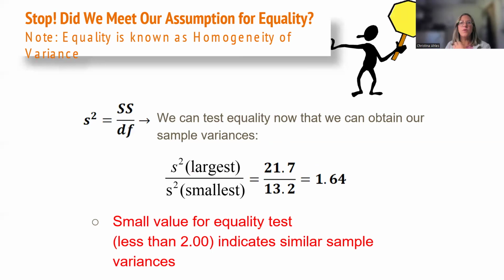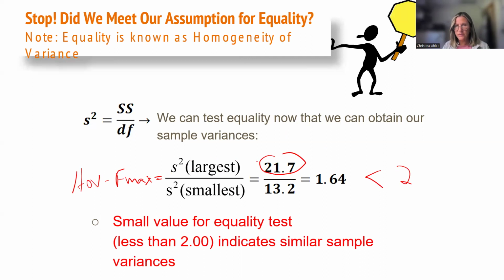And for that, what we want is our HOV, which is also known as an F max, but I am happy to just call it HOV. You want this to be less than 2, and in this case, it is less than 2. But how did we get these? Right here, our variances. So we're going to take the larger variance and divide it by the smaller variance.